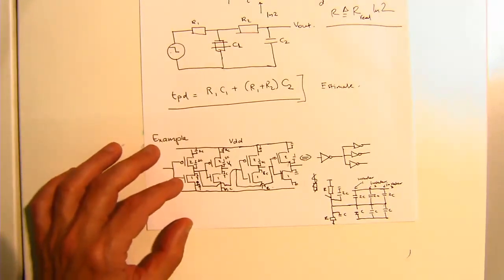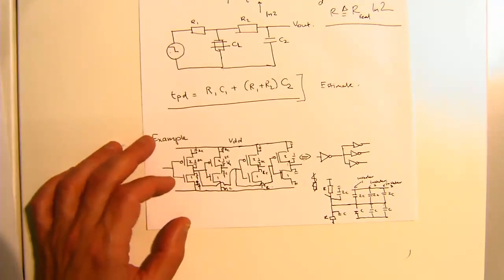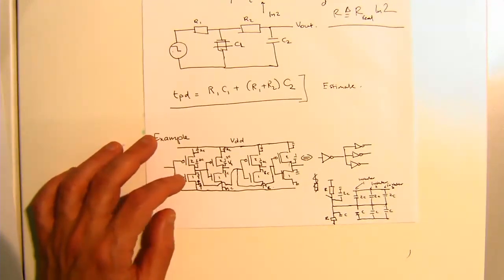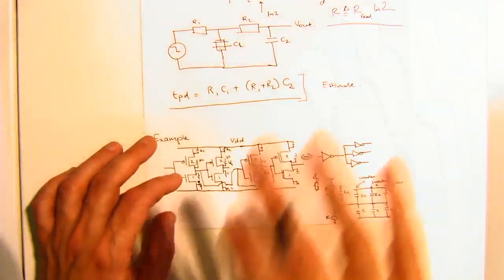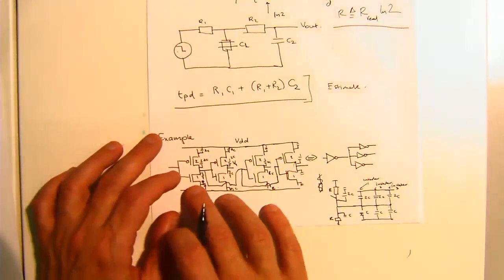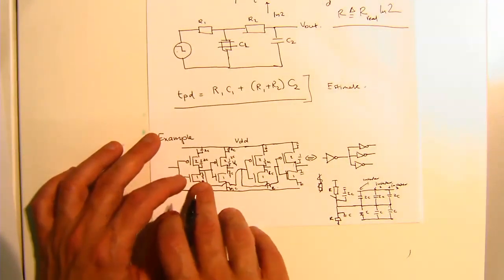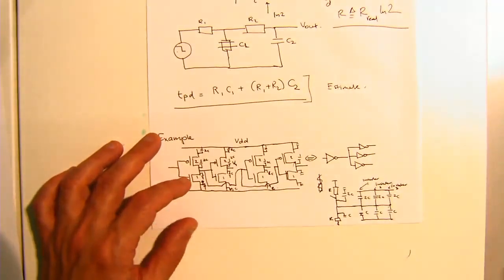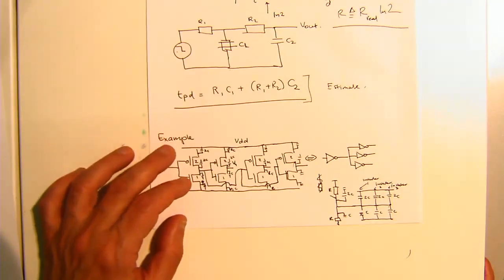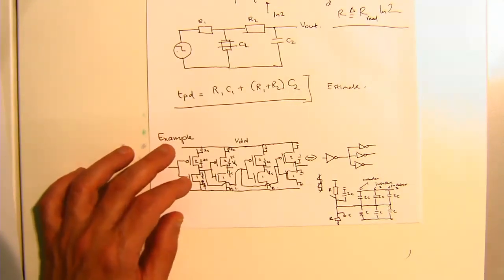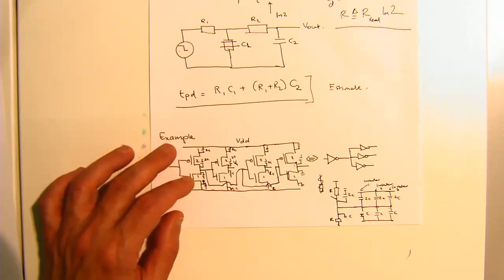Forget that we're talking about an Elmore delay, this is just, how do we approximate this one inverter driving 3 inverters? What are all the resistances and the capacitances in order for us to work out the delay, and then use the Elmore delay methodology to work out what our propagation delay is.